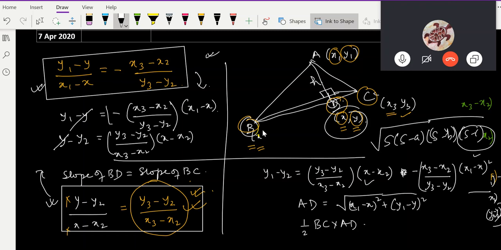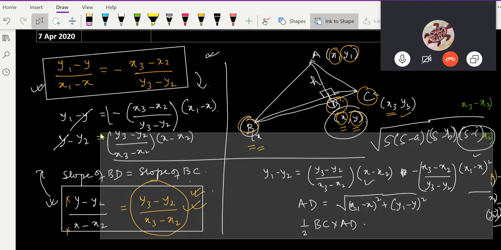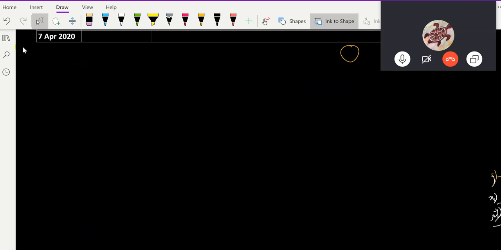But in that case, the reason why I showed you the first one is because if you try to find out AB, BC, and CA, you still have to use the formula root over x1 minus x2 whole square plus y1 minus y2 whole square, and you have to deal with this 3 times, right?